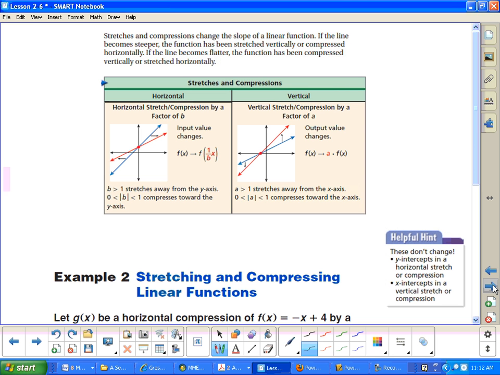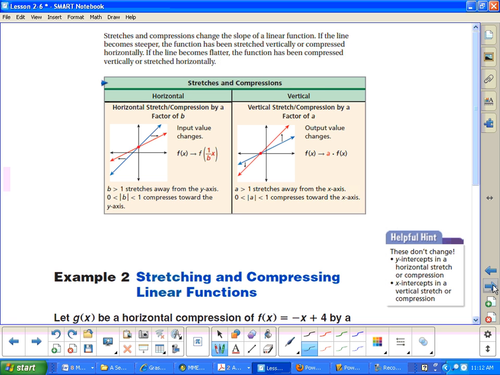When it's horizontal, it works the opposite of the numbers they use. When it's vertical, it does exactly what's happening. So if it says it's shifting it up or down, then we say plus whatever for up and minus for down. But if it's horizontal, we would say plus for going to the left and minus for going to the right.